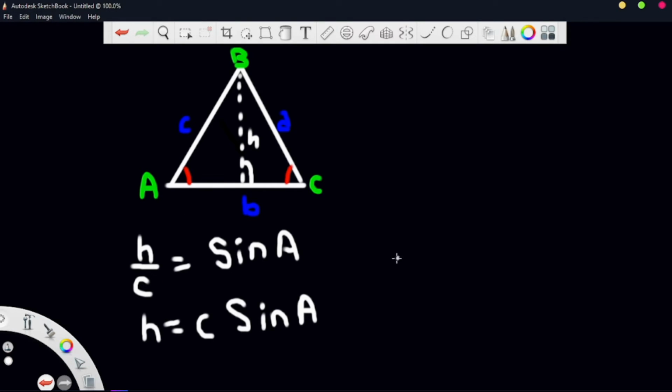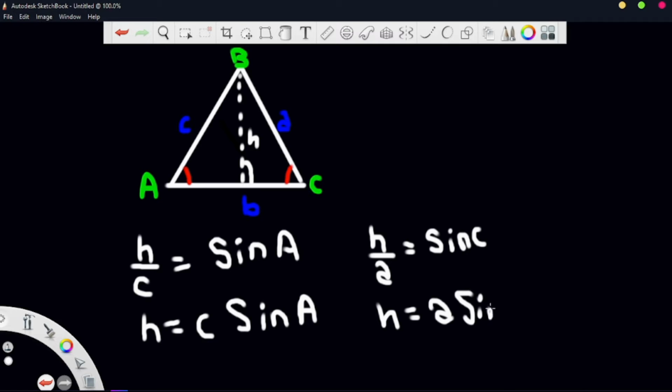We can say H over A is equal to sine C. Therefore, our H is equal to A sine C.